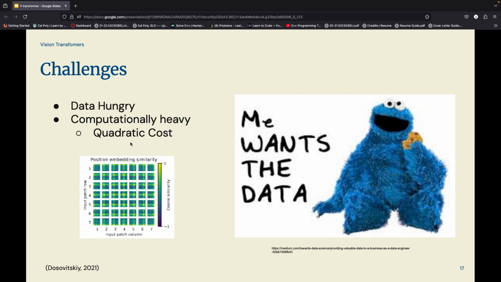So to solve these problems, researchers have come up with very innovative ways to go about this.